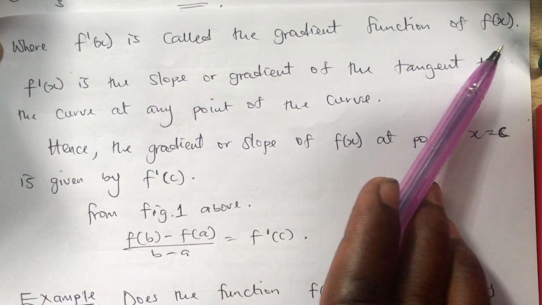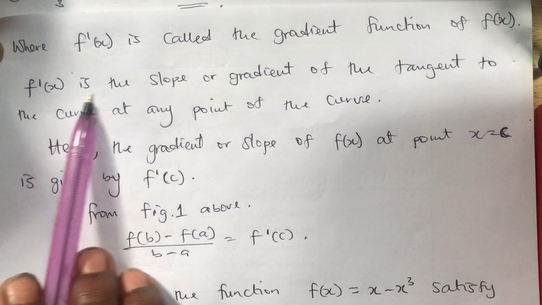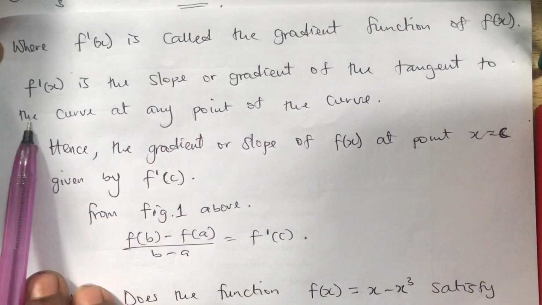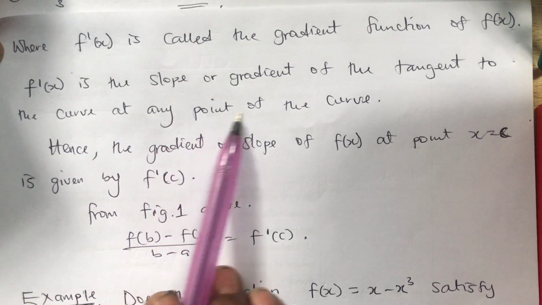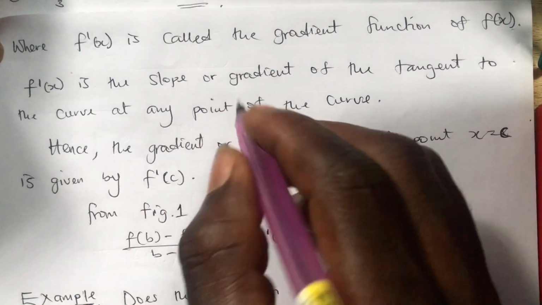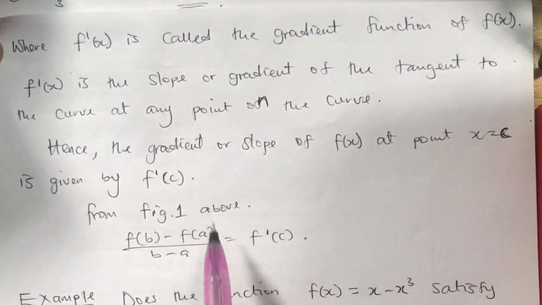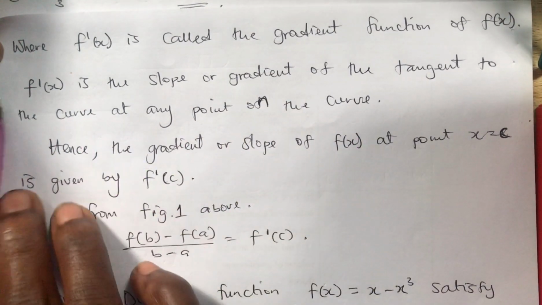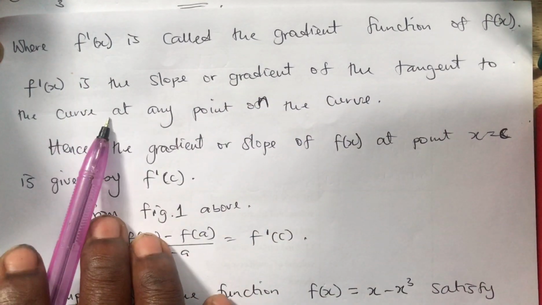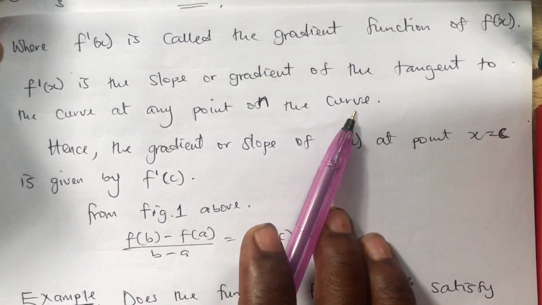F prime of x is the slope or gradient of the tangent to the curve at any point on the curve.